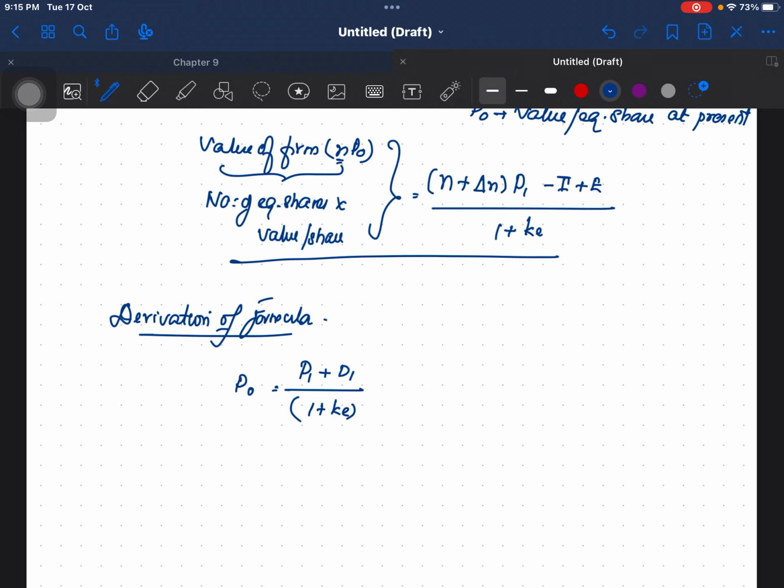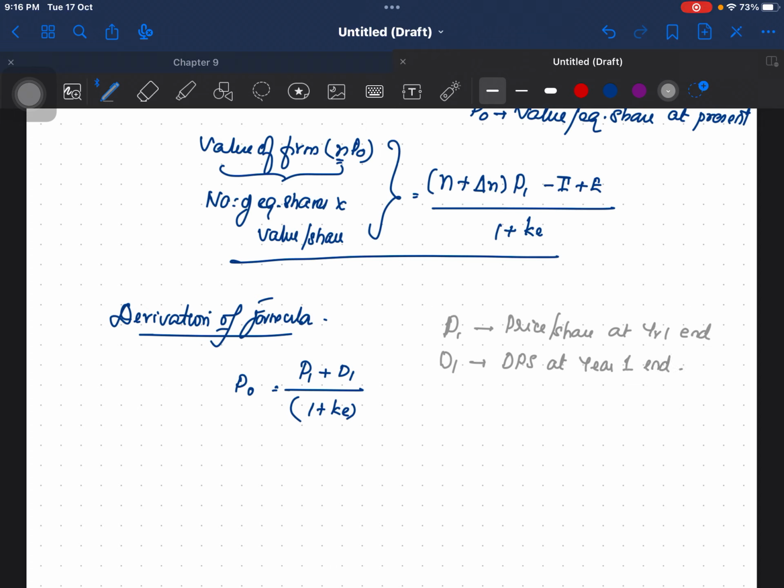What is this formula? What is this P1 plus D1? P1 is the price per share at year 1 end. And D1 is the dividend per share at year 1 end.